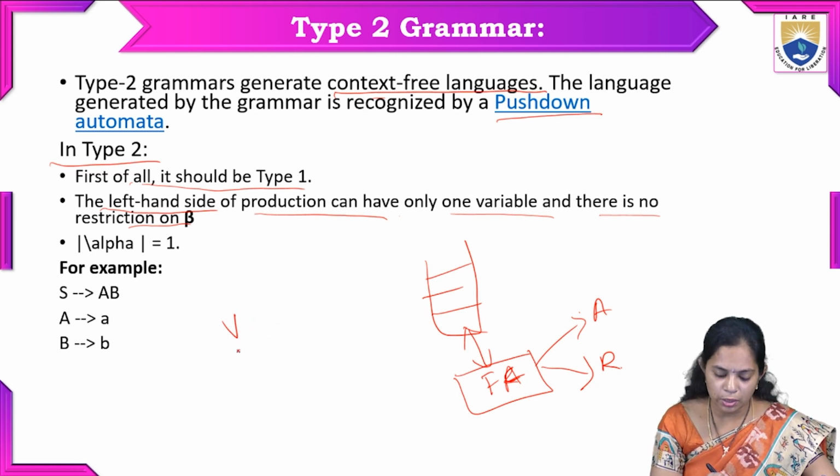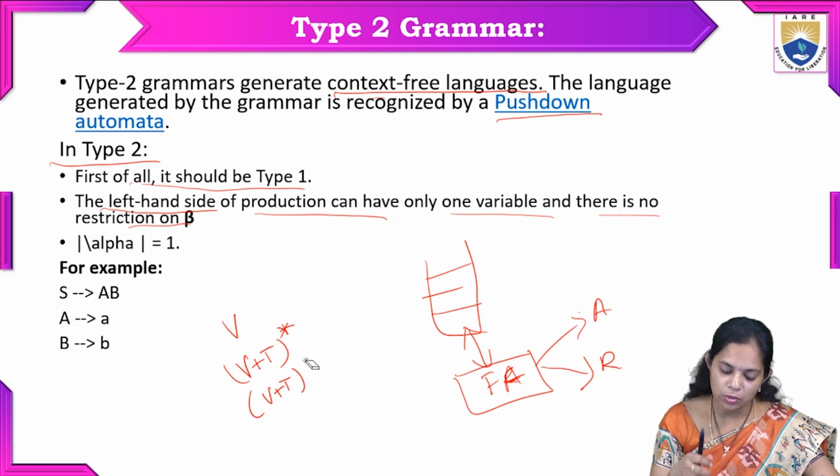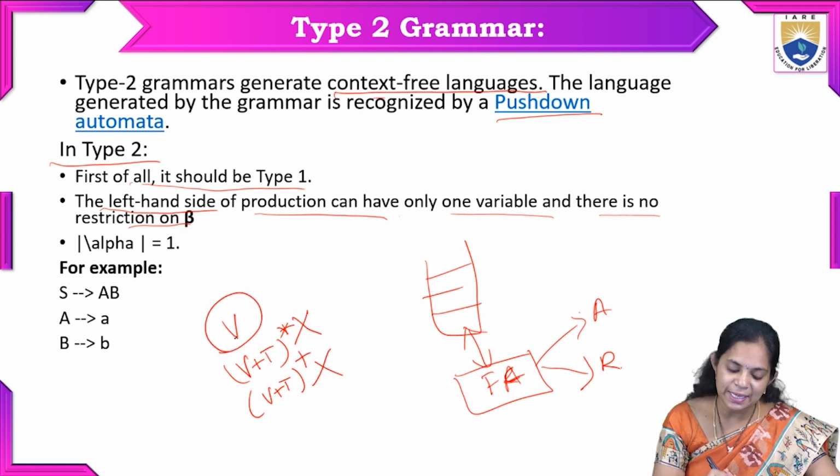So a combination like (V plus T) whole star, or (V plus T) plus, is not possible here. Only single, that is, the length of alpha is 1, the V. Like A tends to A, like that only.